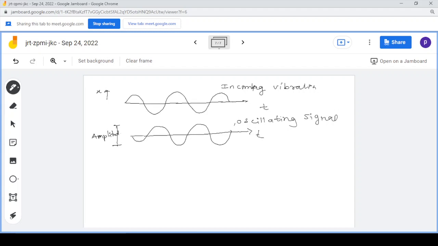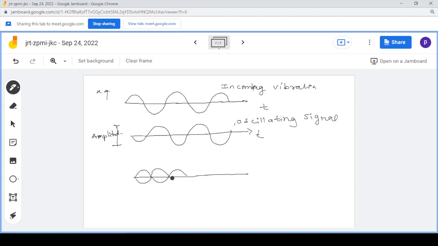Now let us combine these two and see what the effect is in this case. So the upper graph shows the incoming vibration, whereas the lower shows the oscillating signal. Now here the case is reversed. The oscillating signal will come from the upward side and the incoming vibration is on the downside.